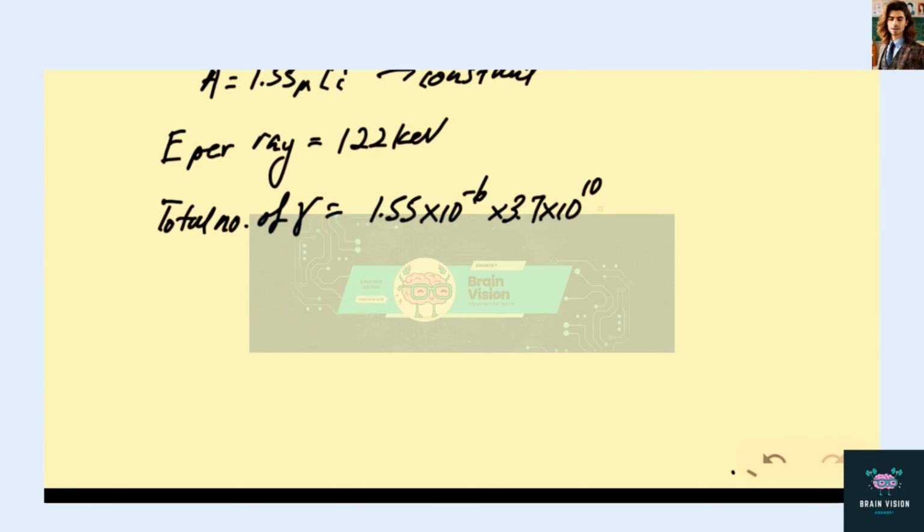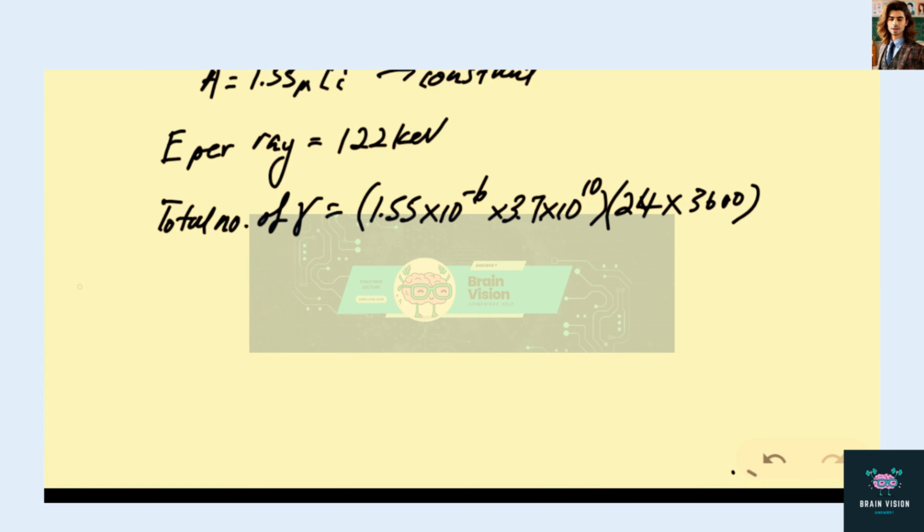So this is the conversion factor. Then we multiply by the number of seconds in a day, so that's 24 times 3600. So this is the total number of gamma rays that will be released in the body.